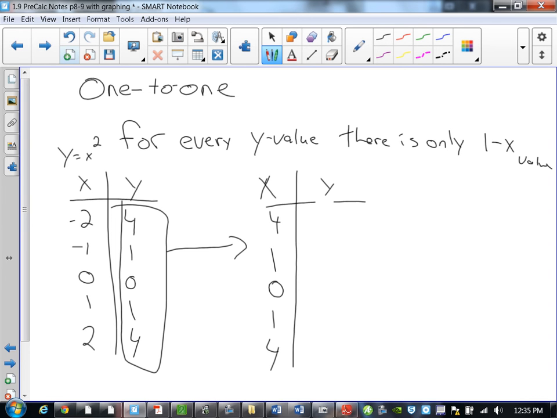If I flip those through, you'll find out that you get a repeat. See how the 4s repeat?